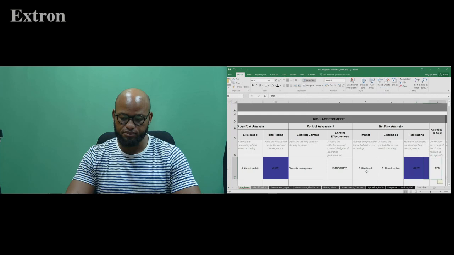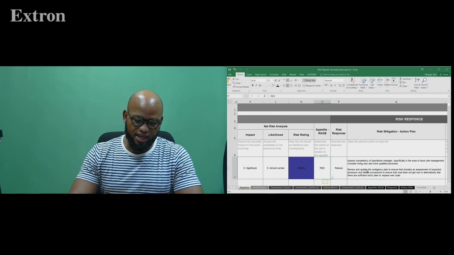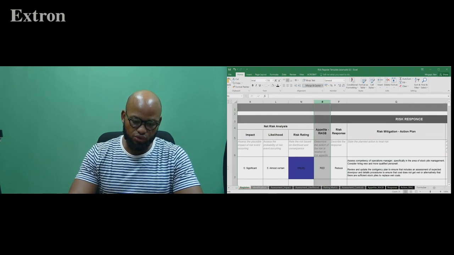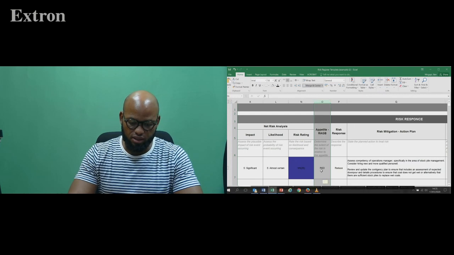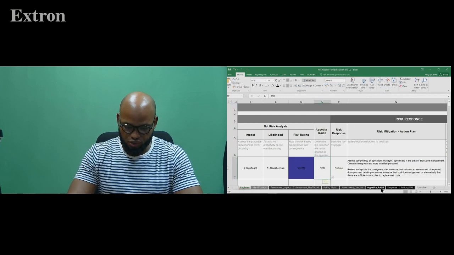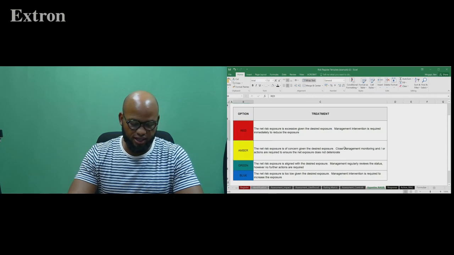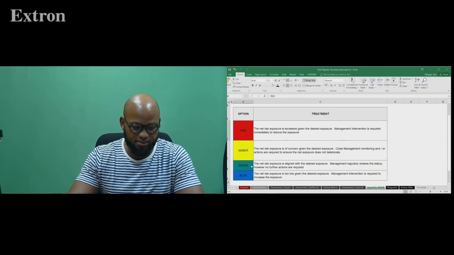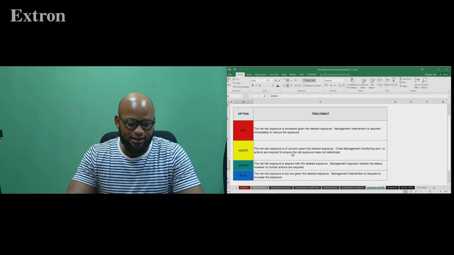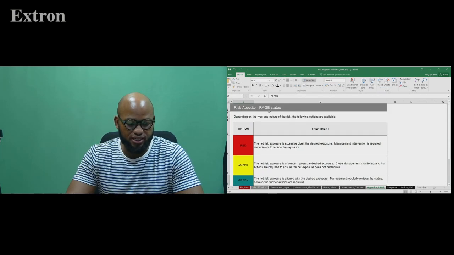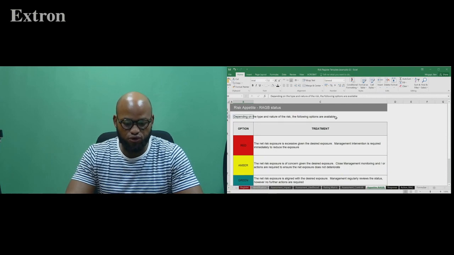Okay, so now there's an aspect here related to risk appetite. Let's go to the risk appetite tab. We have blue, green, amber, and red, like a traffic light, except maybe it has one extra color. It says that depending on the nature of the risk, the following options are available.